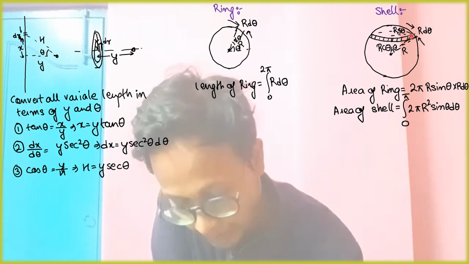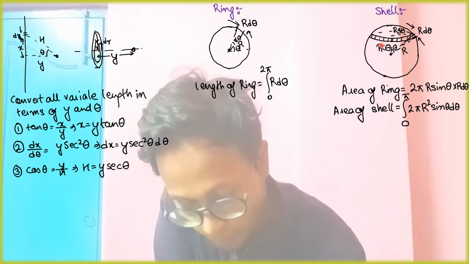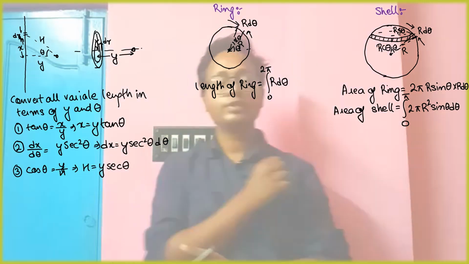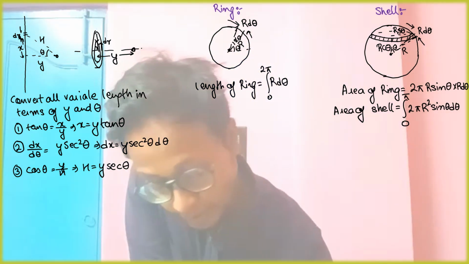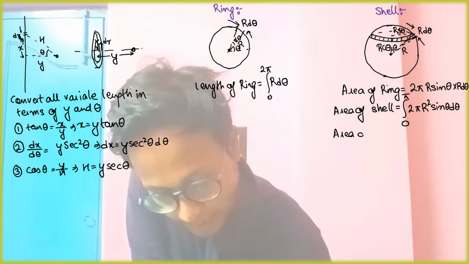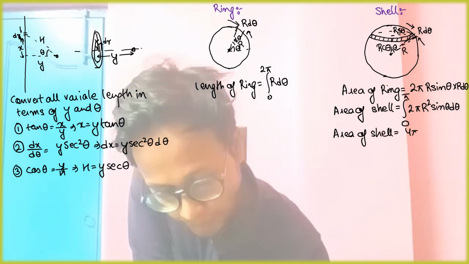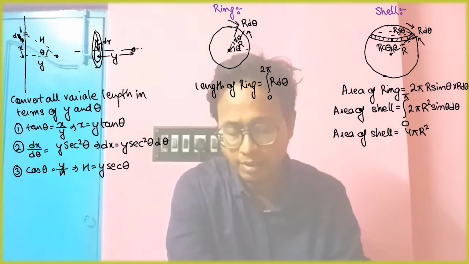At this theta, I am taking this entire area, so if I integrate from 0 to pi, I'll get the entire shell. Understood? Now similarly, area of shell is equal to 4 pi r square. Fair and fine.